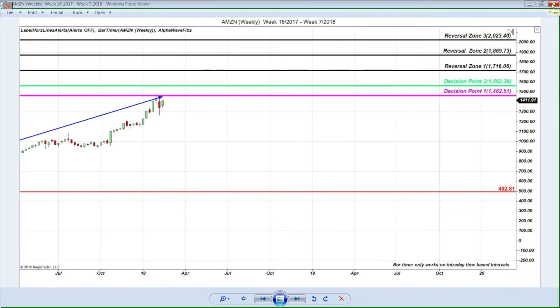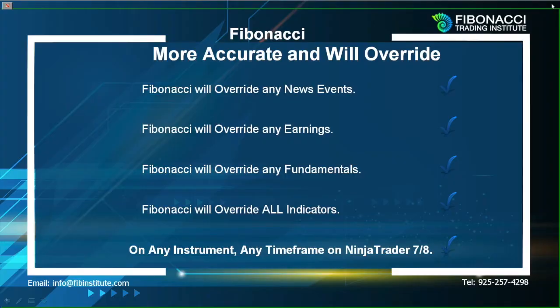Never ever delayed, never ever after the fact. And that's the power of Fibonacci, which will override any news events, any earnings, any fundamentals and all indicators on any instrument, any time frame. And especially if you're trading on NinjaTrader.